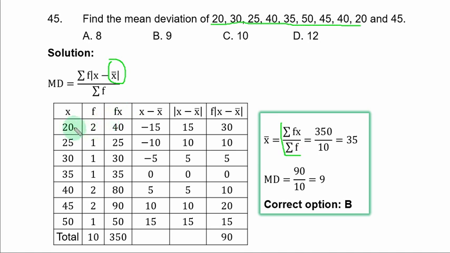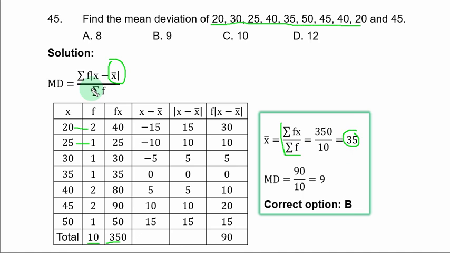That is 20 times 2, 40, 25 times 1, 25, and so on. So you add the f column and the fx column, and you have 10 as the total of f and 350 as the total for fx. Therefore, the mean is 350 over 10, and that is 35.